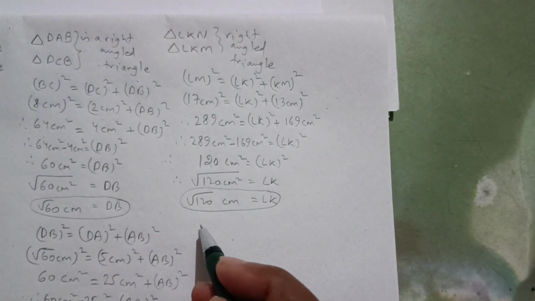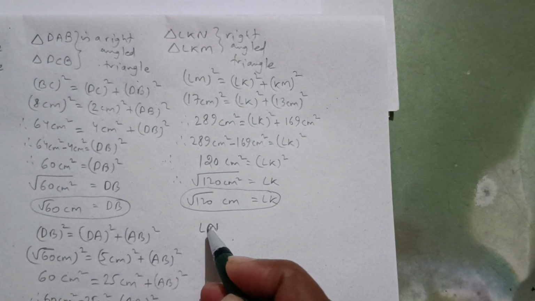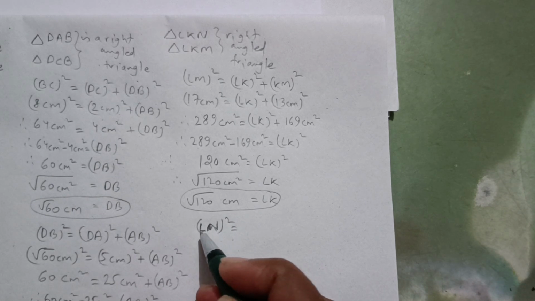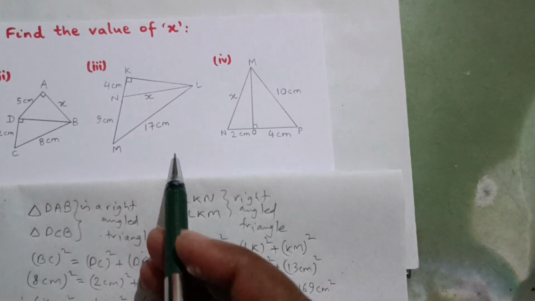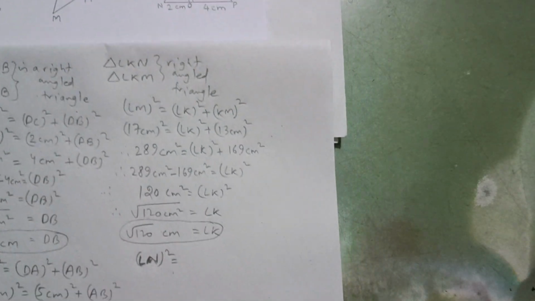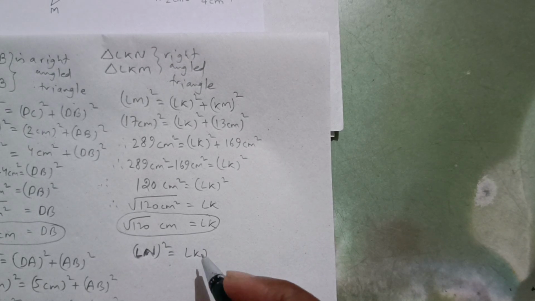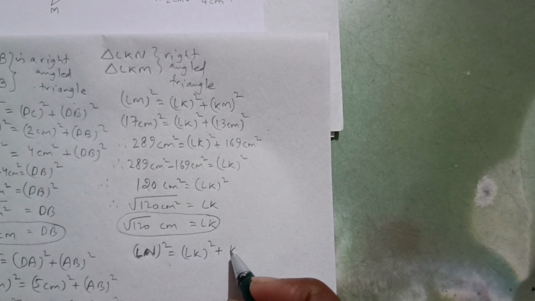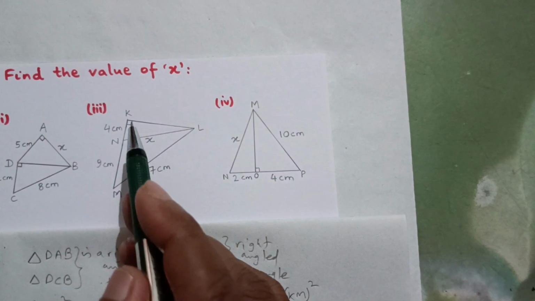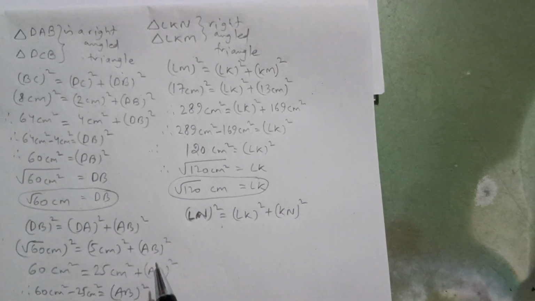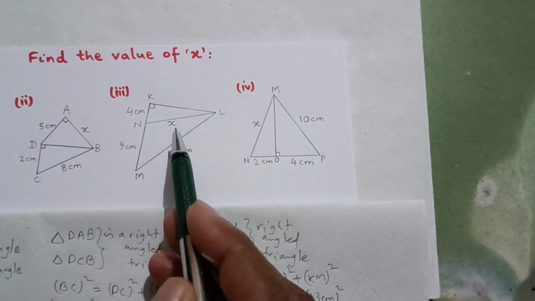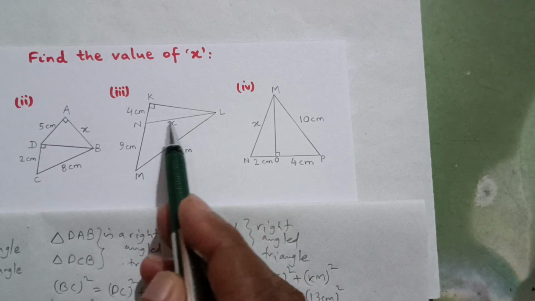So LN whole square is equal to LK whole square plus KN whole square. Now LN is what we have to find out. We have to find out the value of x. So we have to find out how much is LN.